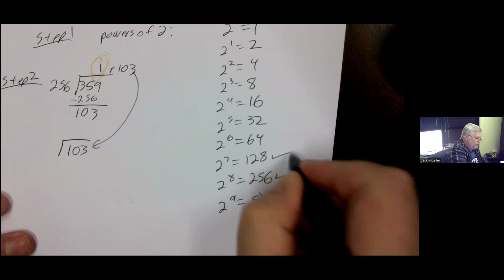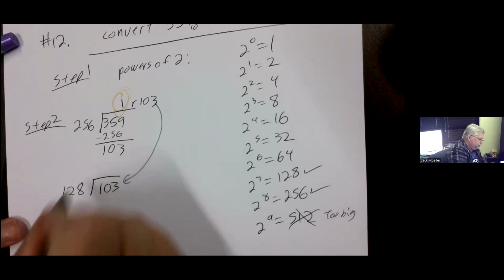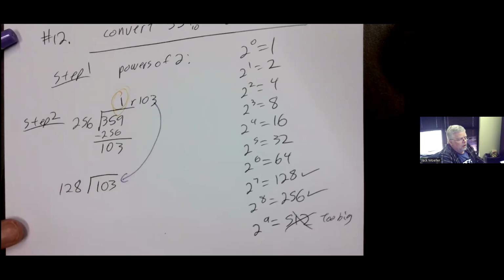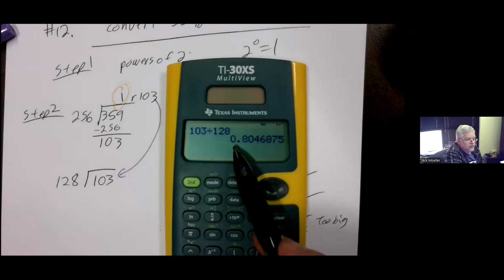Now we have to do 128. All right, how many times does 128 go into 103? Well, if you're thinking it doesn't, you didn't answer my question. My question was, how many times does 103 go into 128? It goes in 0 times.